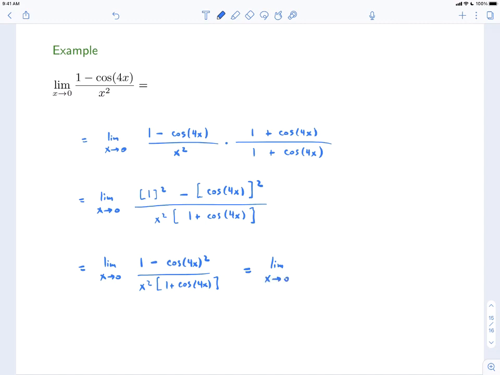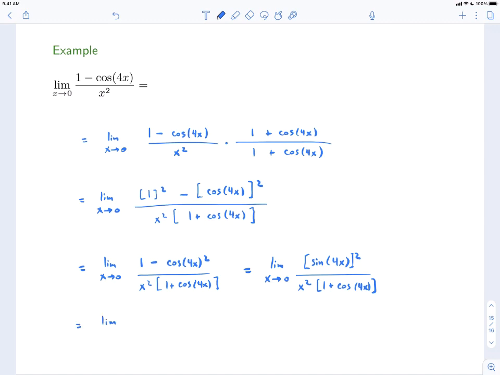So 1 minus cosine of something squared is sine of that thing, and then it's the quantity squared. And when I say quantity squared, I mean all of sine. And this one is divided by, and I haven't done anything to the denominator yet, x squared times 1 plus cosine of 4x. Okay, and the next step is to just group things together in the right way.